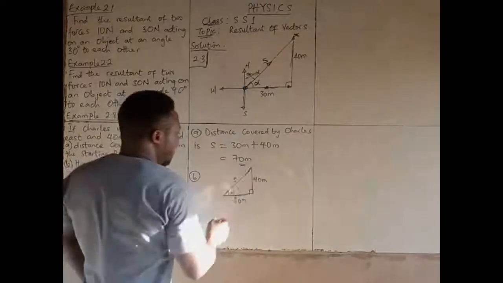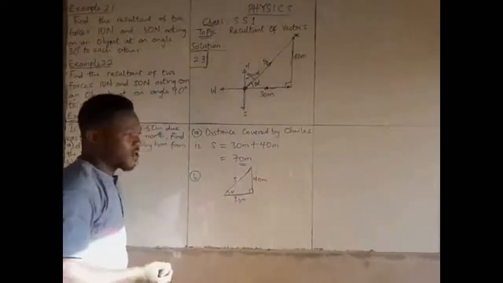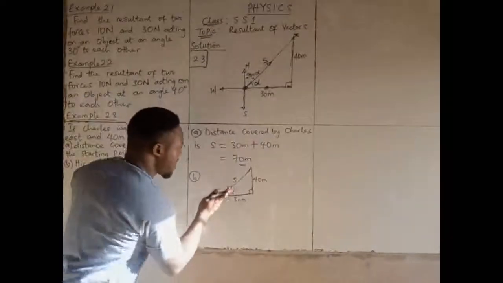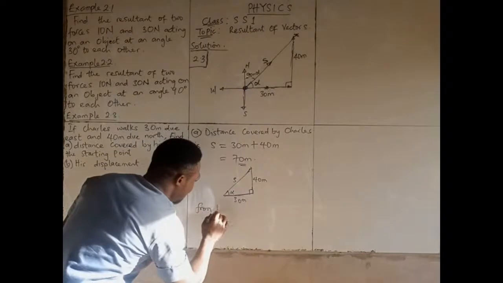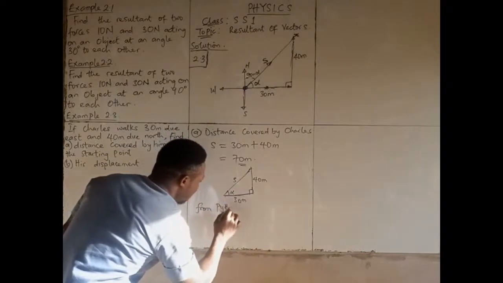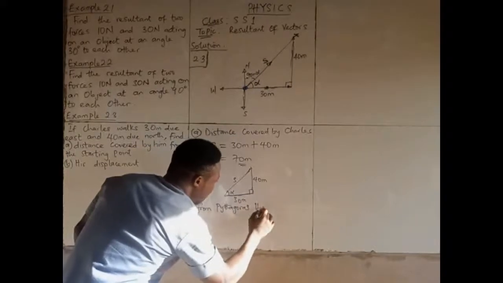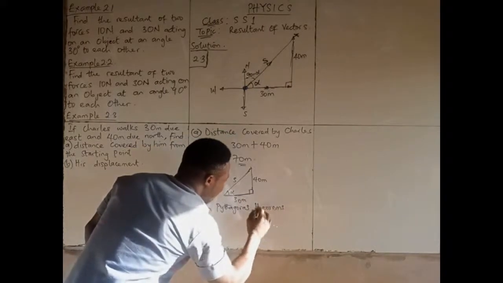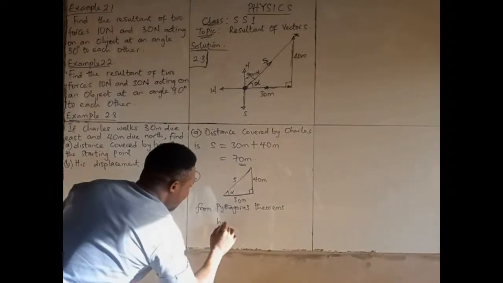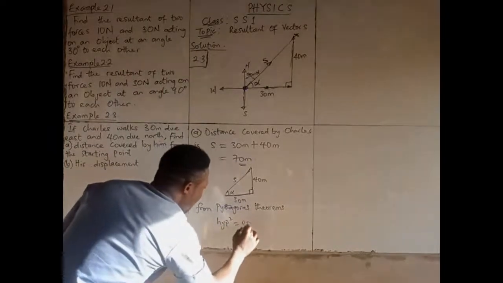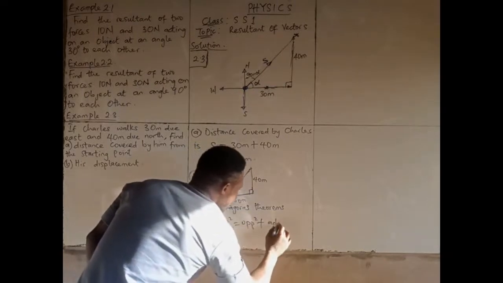If that is the case, we can use the Pythagoras theorem, which says hypotenuse squared equals opposite squared plus adjacent squared.